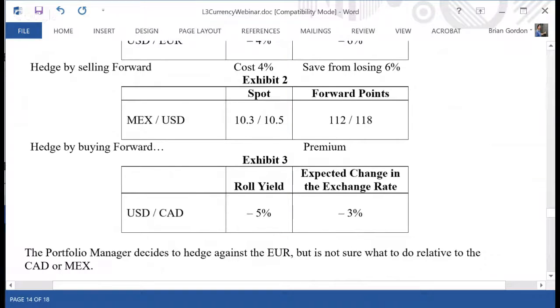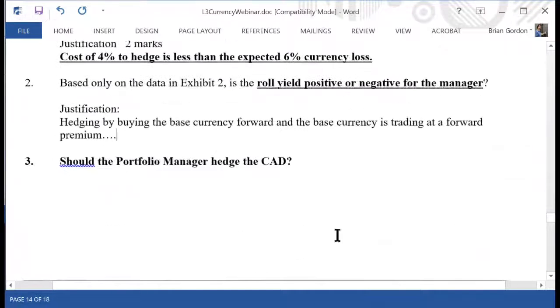You might think that the answer to this is a big no. We should not hedge. No, do not hedge. Well, that might receive, maybe, partial marks. Maybe.